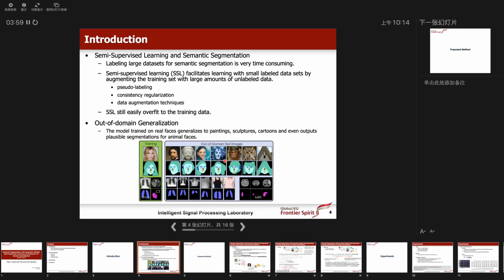Actually, these two strategies are also long stories, so we do not focus on them in this paper, so I won't introduce more about these two.